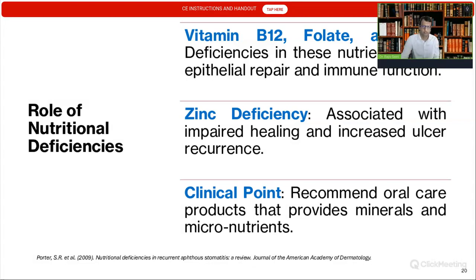Zinc deficiency is also associated with impaired healing and increased ulcer recurrence. So, the clinical point to understand is that we have to use nutrients as a source to support oral mucosal integrity and to build up immunity, both systemically and locally.